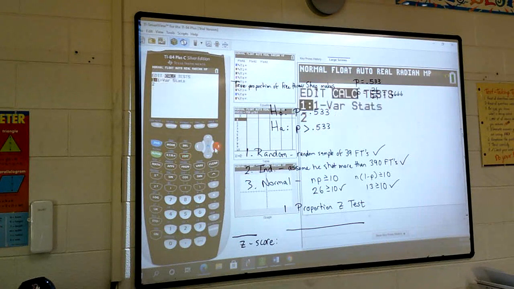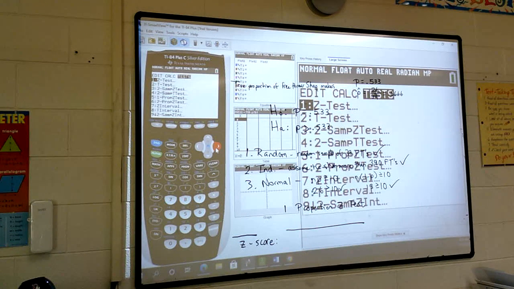Now, you should have completed all the ones from 7 below, which were in intervals. Now we're going back to get 1 through 6. Okay, so now we're looking at the proportion tests, you see are number 5 and 6. So we're looking at a 1 proportion Z test.